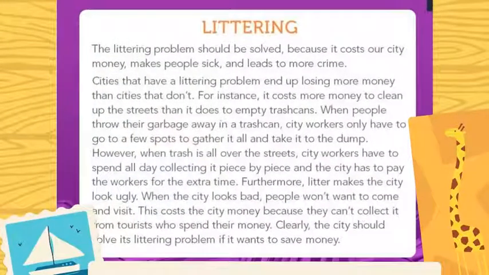Okay, this is the example of the text. The title of this text is littering. Littering is very common, especially in Indonesia. So we need to persuade people in order to solve the problem of littering in Indonesia.